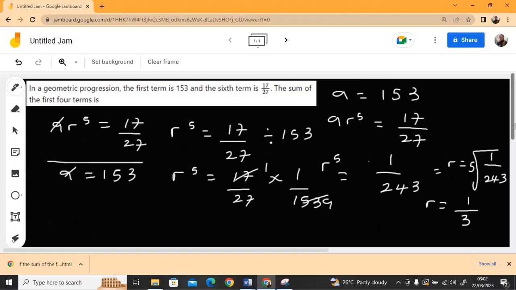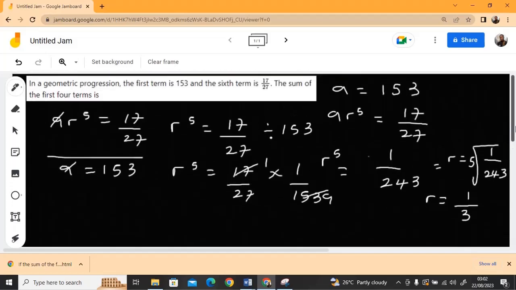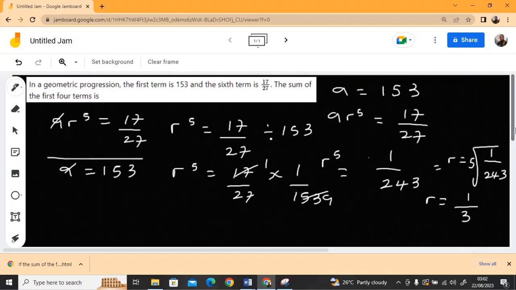It means in this particular question, your a is 153 and your r is 1 over 3. So find the sum of the first 4 terms. The first thing you check is your r.